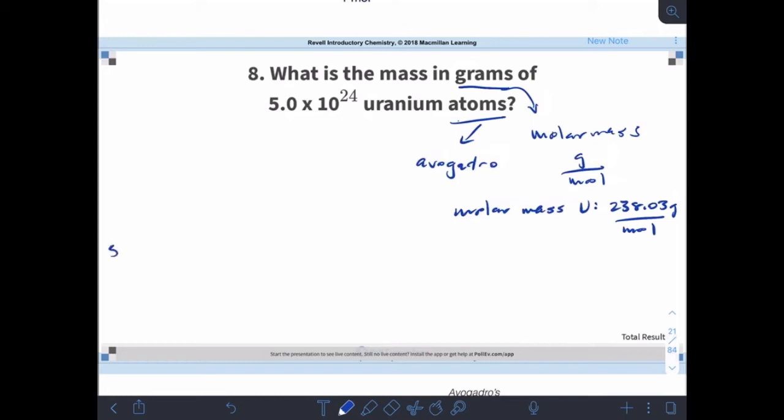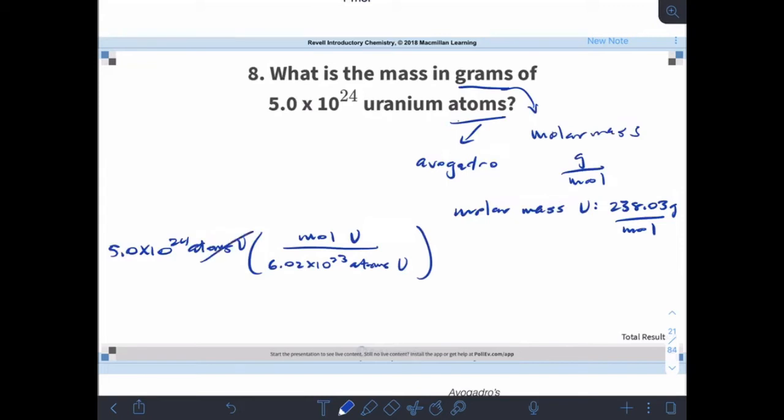Okay, so 5.0 times 10 to the 24 atoms of uranium. And so my first conversion is to convert to moles. So I'm going to put atoms on the bottom and moles on top.